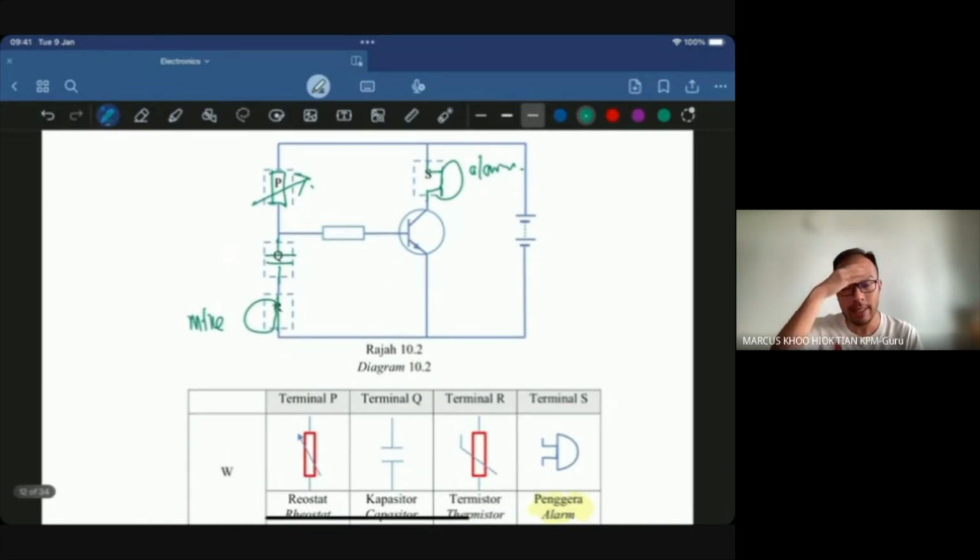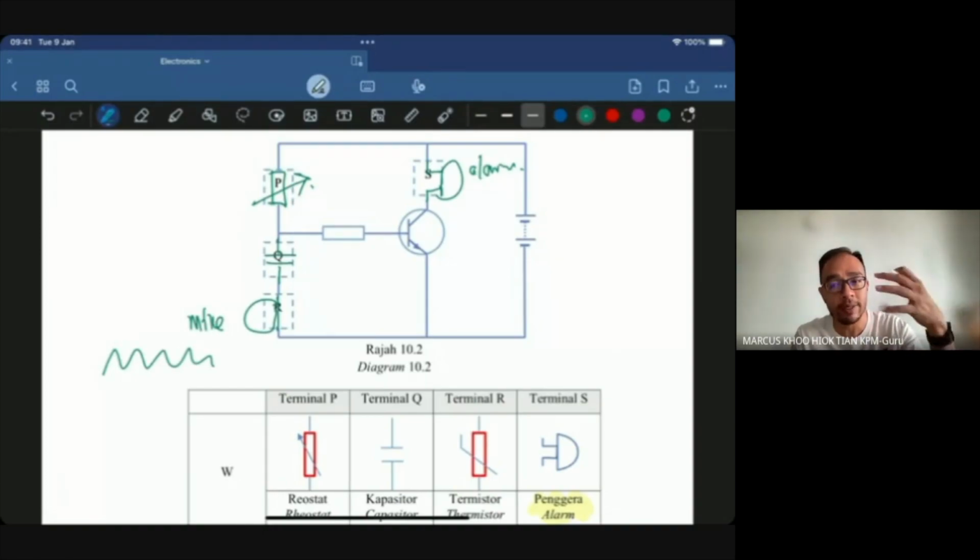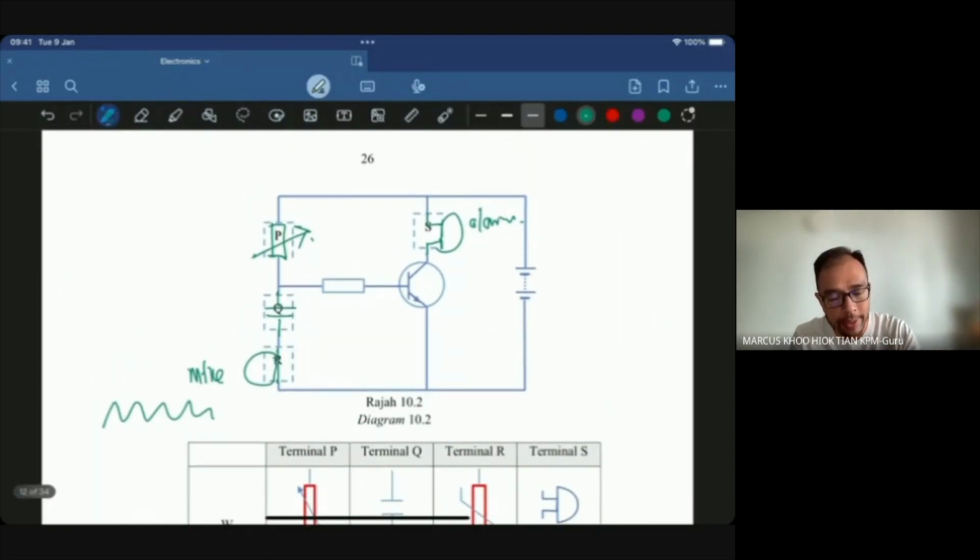Okay. So what happens is that the mic picks up the sound. And when the mic picks up the sound, it becomes alternating current. So what the capacitor does is it stores the charge, it stores the energy. And then what happens after that is because the mic is picking up different sounds, there'll be different resistors coming through.